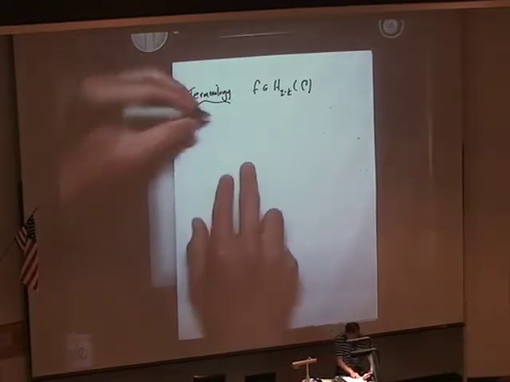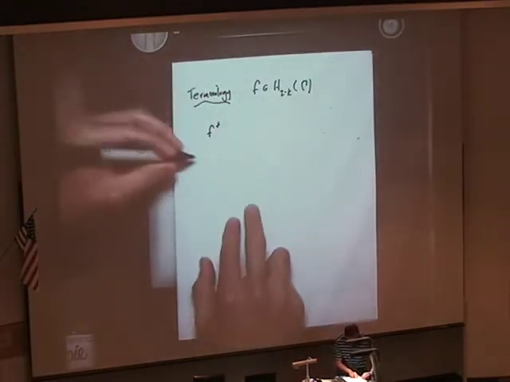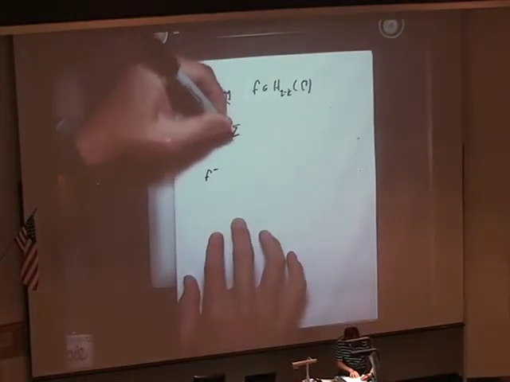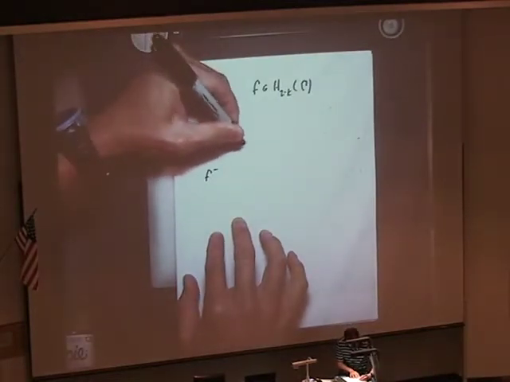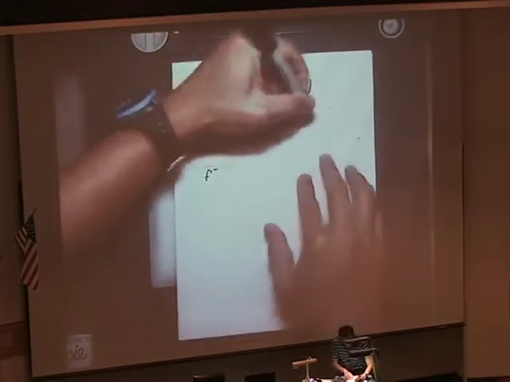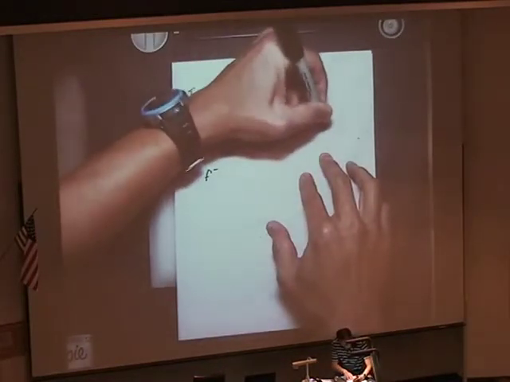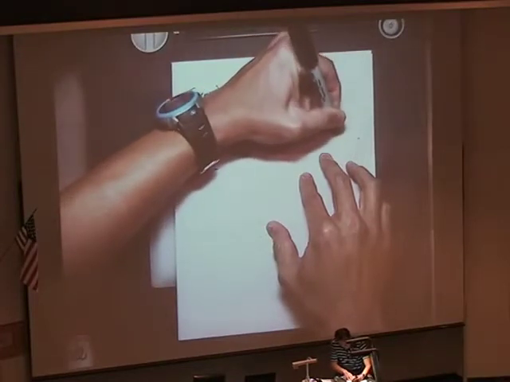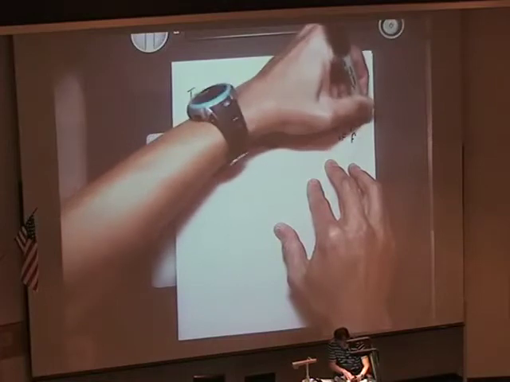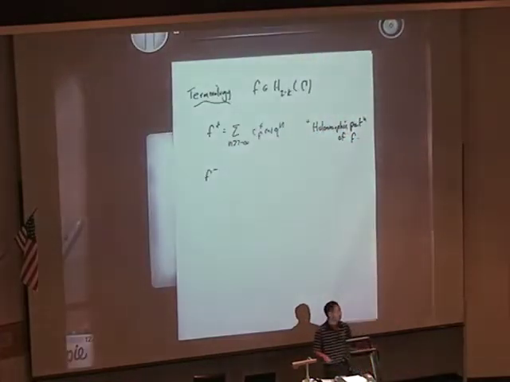We will call one of these parts f plus and the other part f minus. So f plus will be the sum on n of c_f plus of n q to the n. This is what we'll refer to as the holomorphic part, for obvious reasons. And the f minus, well, what else could we call it?